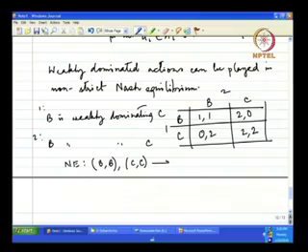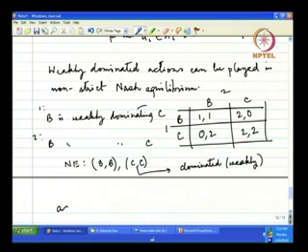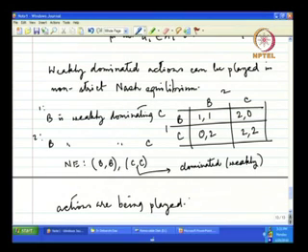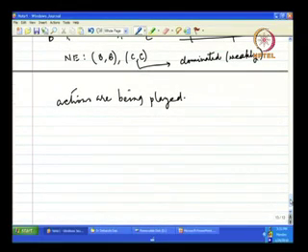So, CC is an equilibrium where you have dominated, that is weakly dominated, actions being played. So, these are some of the properties of strict Nash equilibrium and its relationship with weakly dominated or strongly dominated actions.